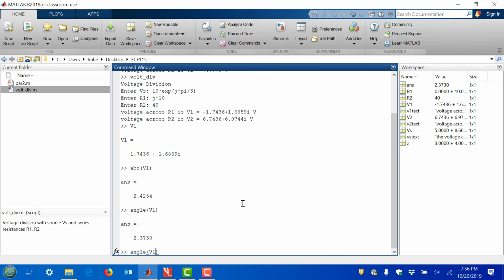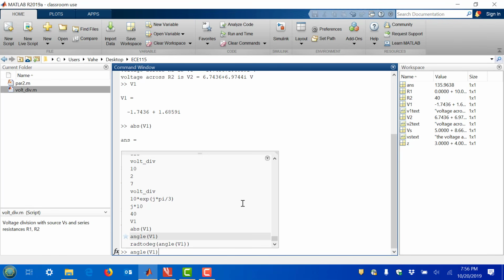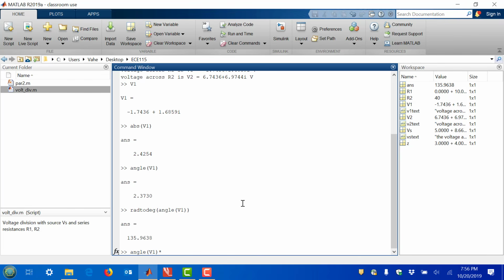Let's just use the rad to degree function. So here's rad to degree, and it's 135.963. Or obviously, you could have done this. We can check. If you multiply the angle by 180 over pi, you should get the same thing. And you do. I hope all this information is useful to you.